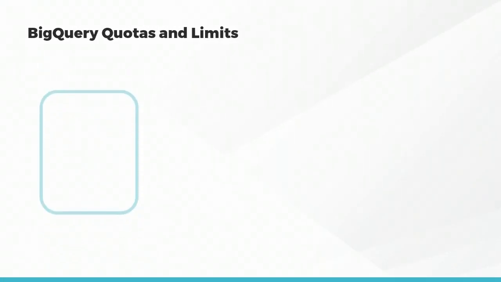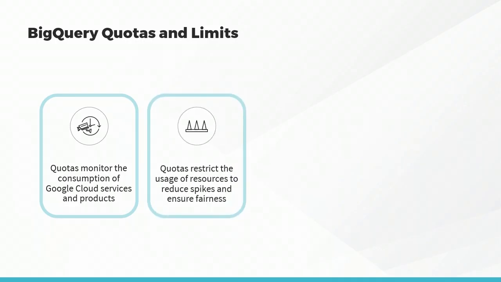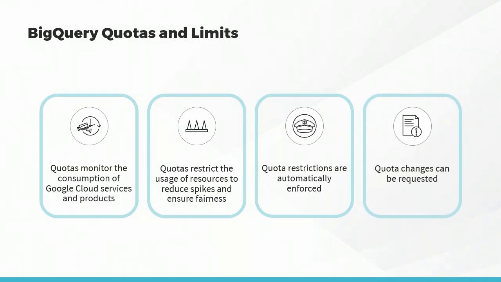Here's some concepts that I want to bring up on BigQuery quotas and limits. Quotas will monitor the consumption of Google Cloud services and products. They can also restrict the usage of resources to reduce spikes and ensure fairness. Quota restrictions are automatically enforced, so I can maintain configurations that enforce my prescribed restrictions, and quota changes can be requested if need be.